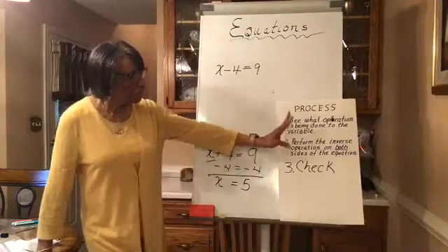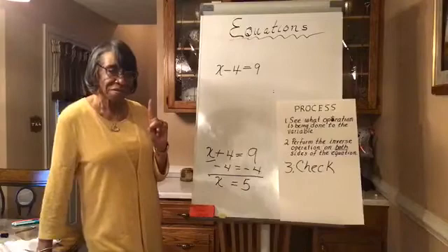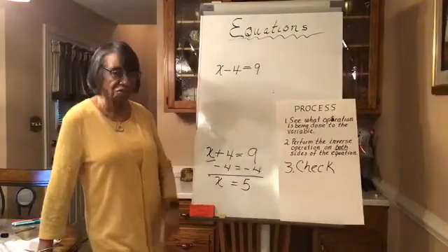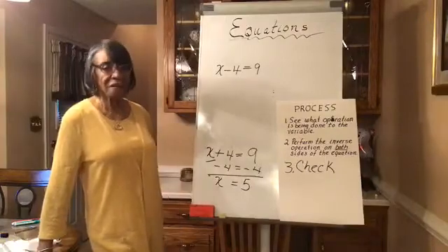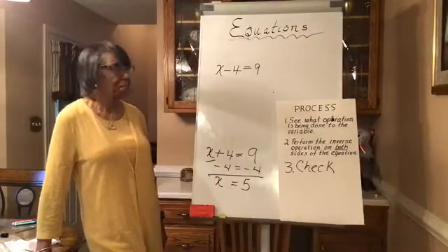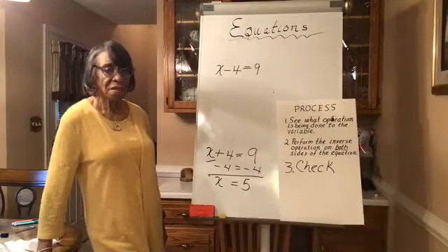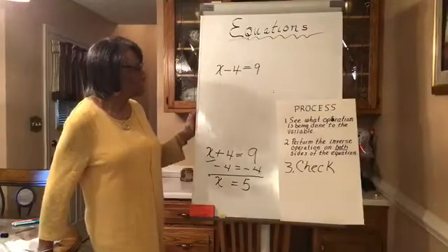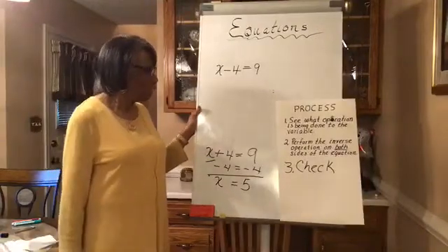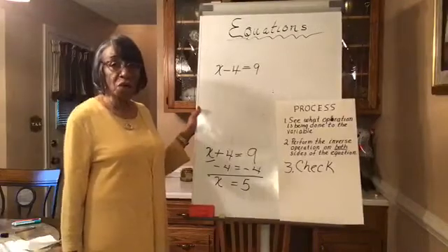Solving the equation is a process, and that's one step today, and that's just doing the inverse operation on both sides of the equation. All right. The operation being done on the variable is subtracting 4.